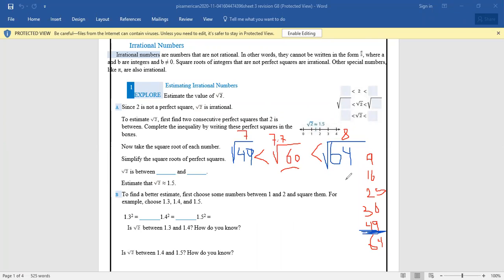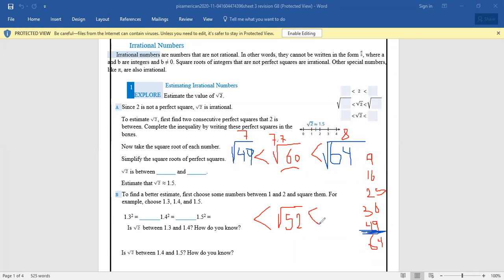Let me say something. If I'm looking for square root 52, tell me the two numbers before and after.